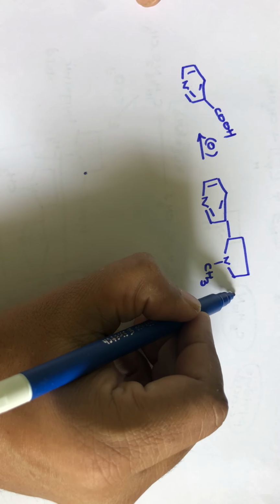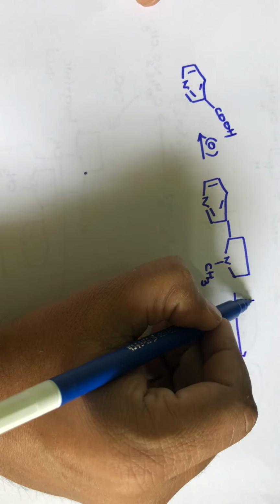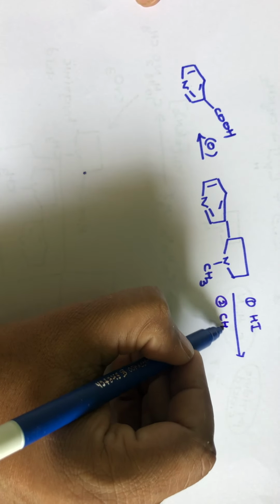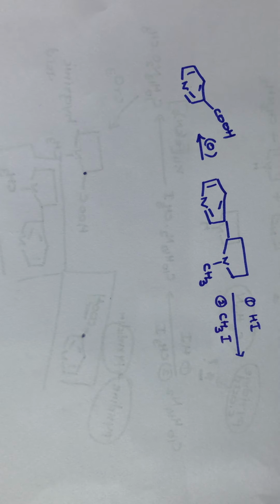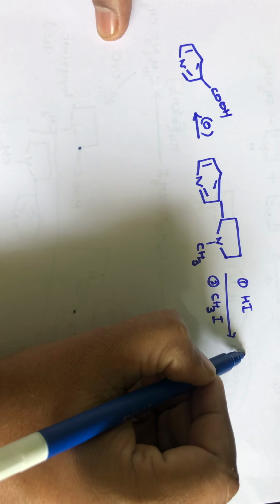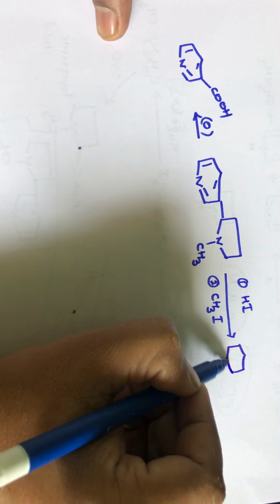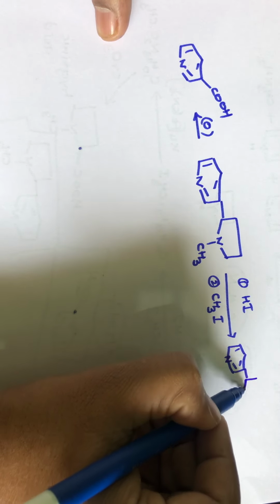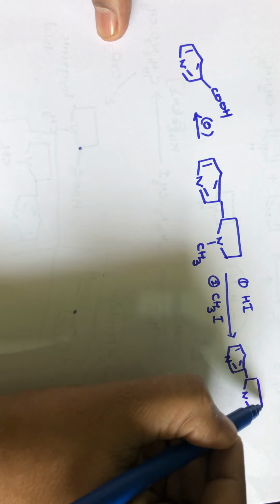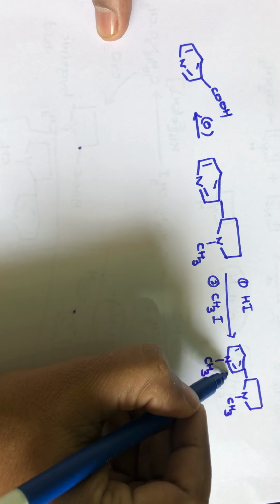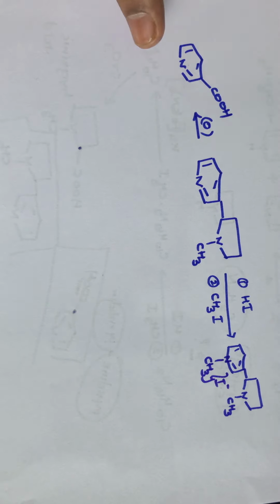This when treated with HI and methyl iodide, you get methiodide. This is what we had discussed. I will just draw the structure of that. You get this methiodide.